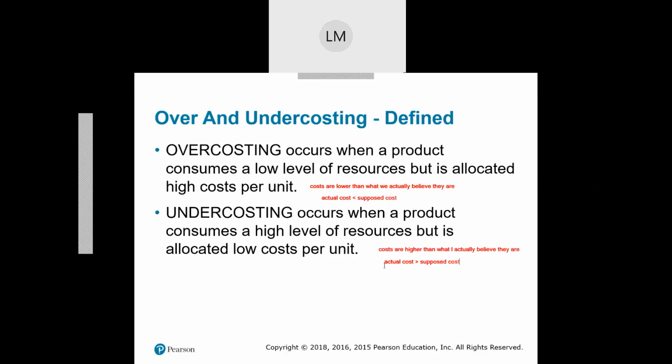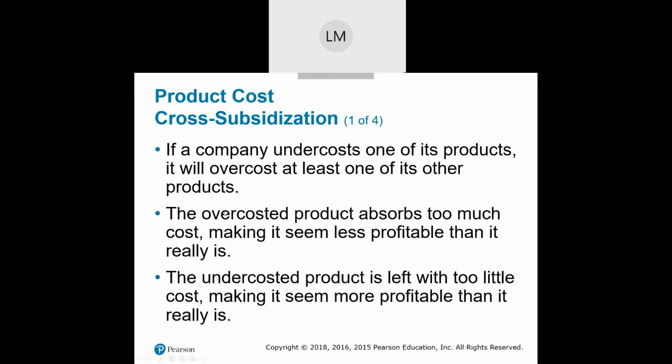Now, why might that be a problem? Well, it's going to be a problem for a number of different reasons, which we'll look at in a moment. So here's why. If a company undercosts one of its products, it will overcost at least one of its other products, if not more. The overcosted product absorbs too much cost, making it seem less profitable than it really is.